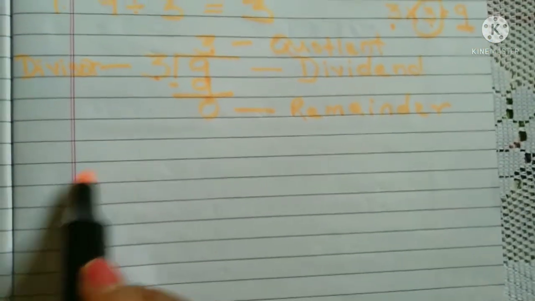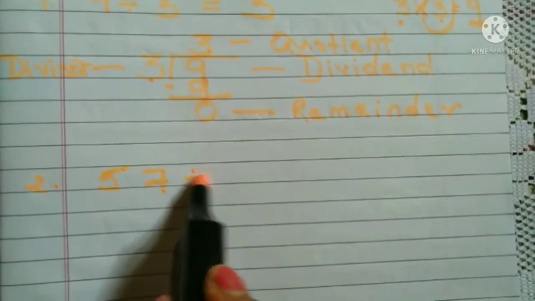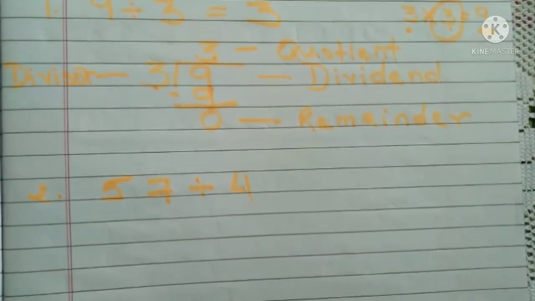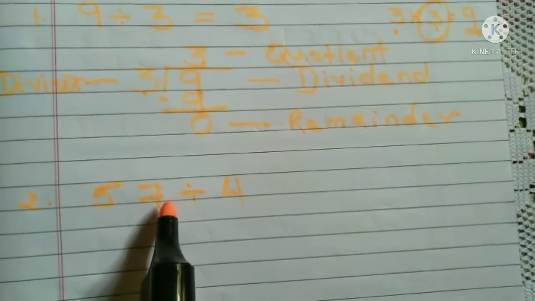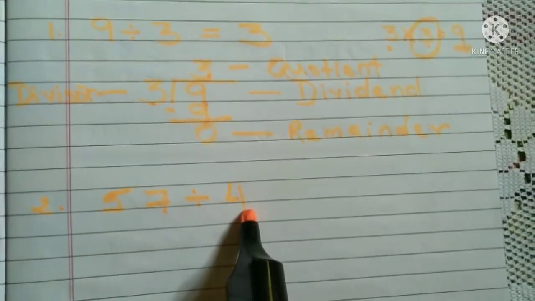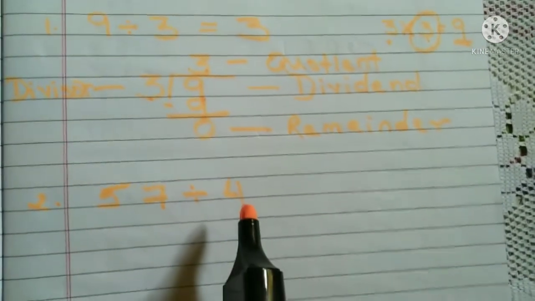Let's take another example of 57 divided by 4. That means 57 is the dividend and 4 is the divisor. This number should be divided by 4.